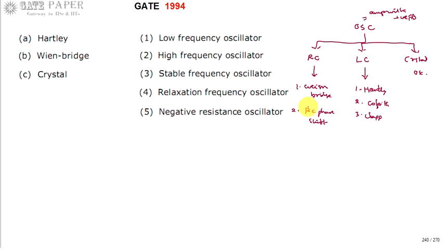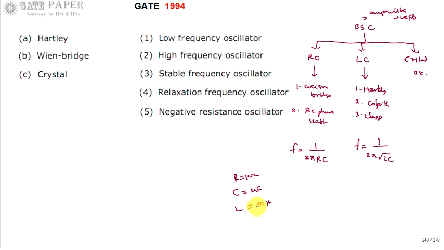For RC oscillators the frequency is calculated using the equation 1 by 2 pi RC, and for LC oscillators the frequency equation is 1 by 2 pi root LC. From these two equations we can say R is generally in kilo ohms, capacitance is in microfarads, and inductance is in the range of millihenries.